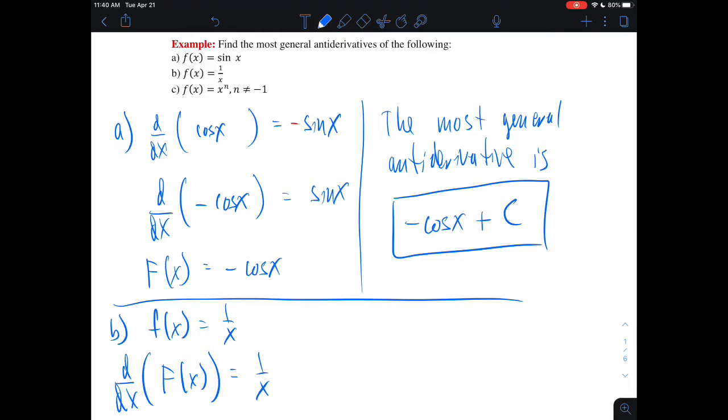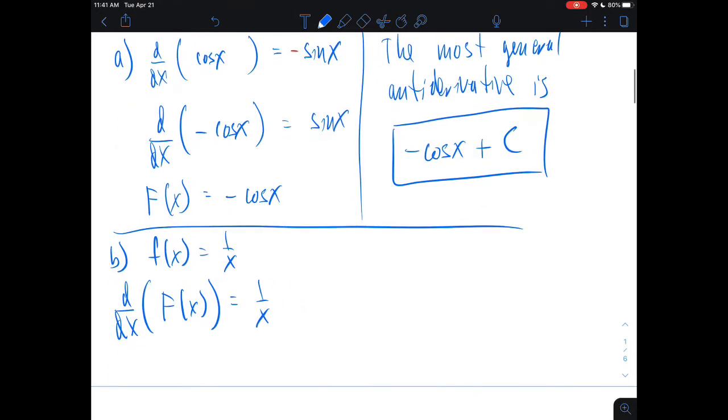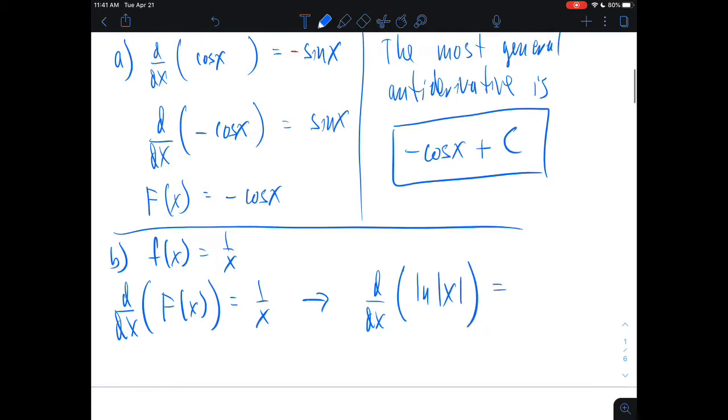This goes back a few sections. There was actually a very specific example that we looked at where we saw that the derivative with respect to x of the natural log of the absolute value of x is what we want to use. The reason why we want to use that is with that absolute value, then you don't have to worry about x being positive or negative.